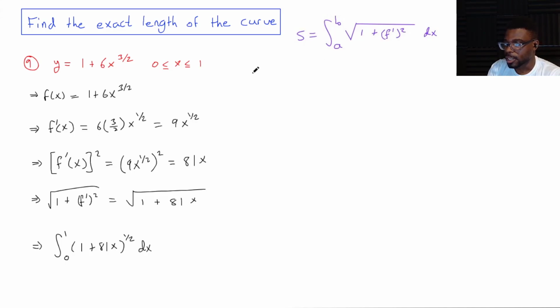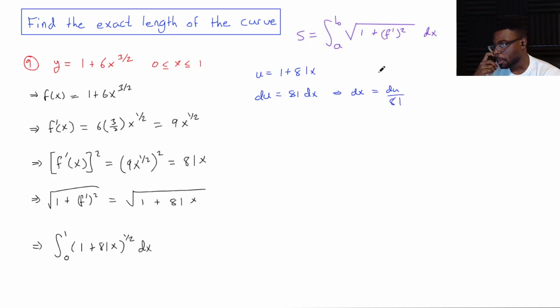See here, so we can say our u would be 1 plus 81x, which means our du is equal to 81 times dx. Right, so if we solve for dx here, we'll find that dx is equal to du divided by 81.